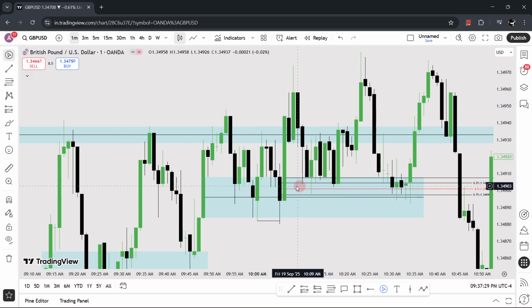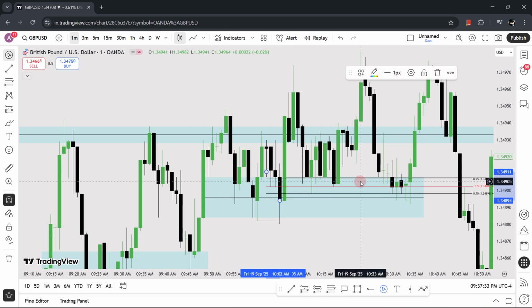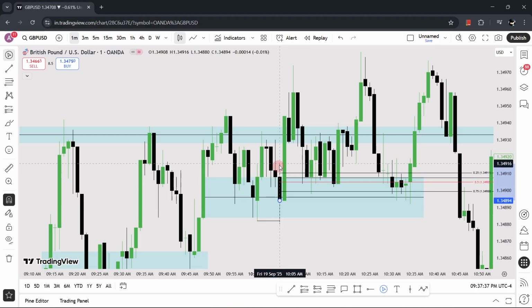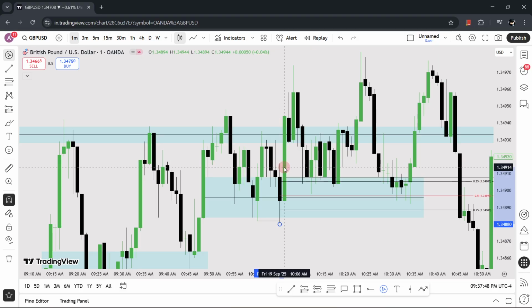That's it. If you just consider the wick, it hasn't gone below the 50 percent level of this order block.